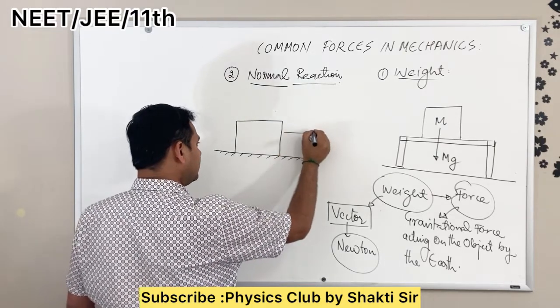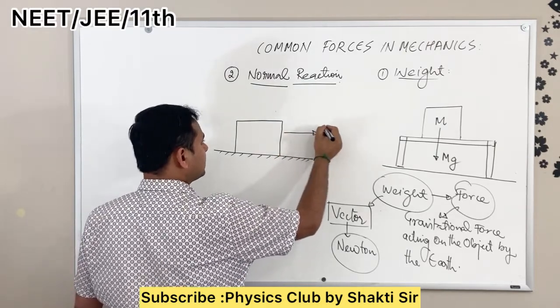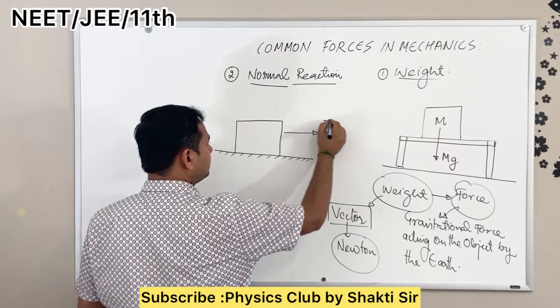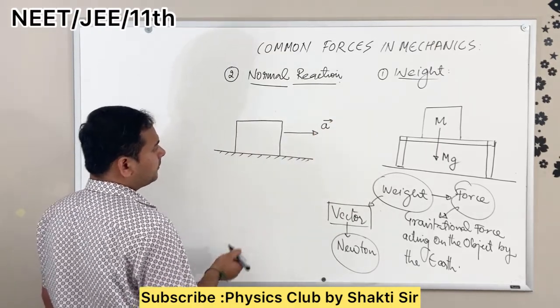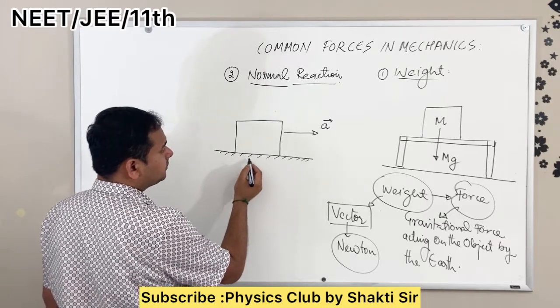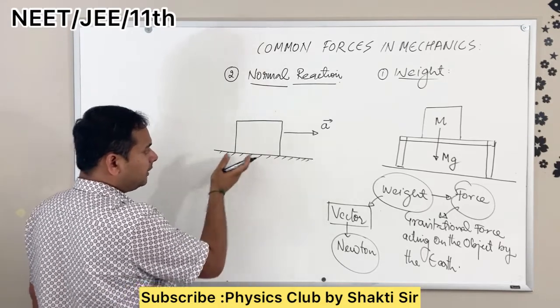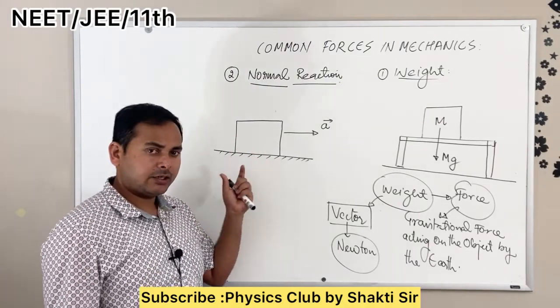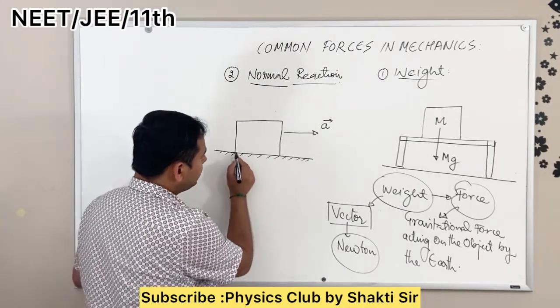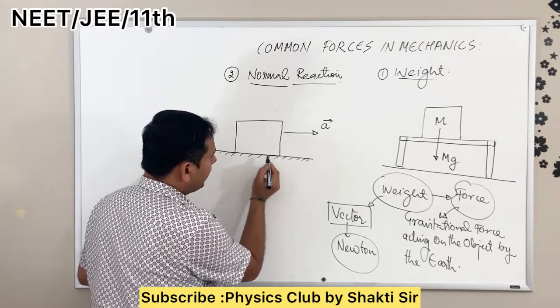This object is moving, let's say, in this direction with some acceleration a. So what's happening? The ground and the block are both in contact, so there is a contact force acting between these two.